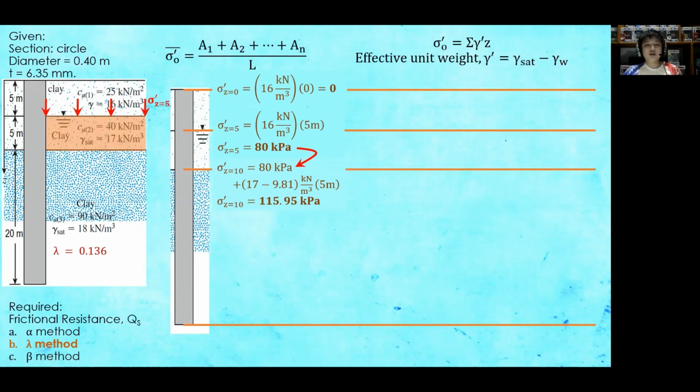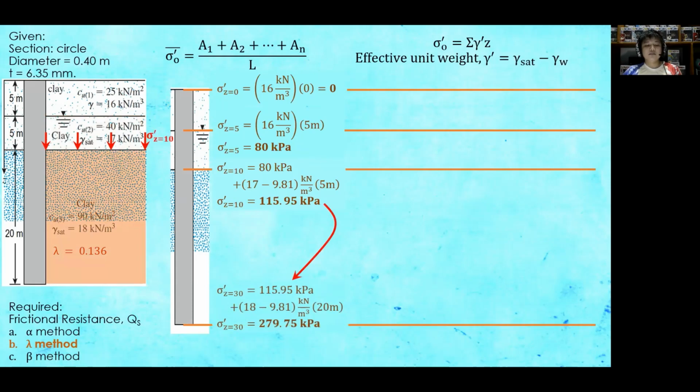Then at the last point, or at the tip of the pile, Z equal to 30, the sigma O prime is equal to the weight at Z equal to 10. So we pre-identified already up to this specific point, which is equal to 115.95 kilopascals.